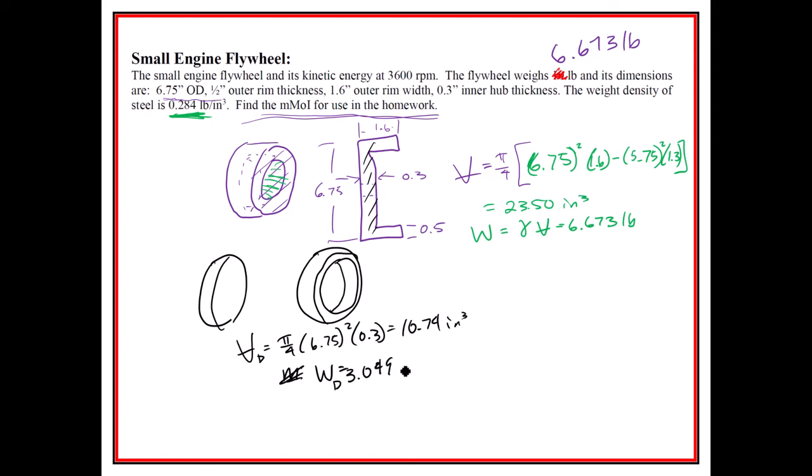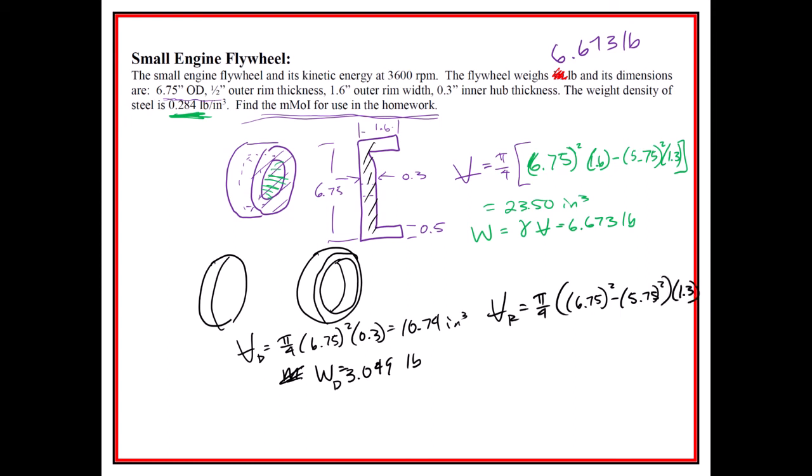3.049 pounds, and then the ring itself is going to be pi over 4 times 6.75 squared minus 5.75 squared times 1.3.